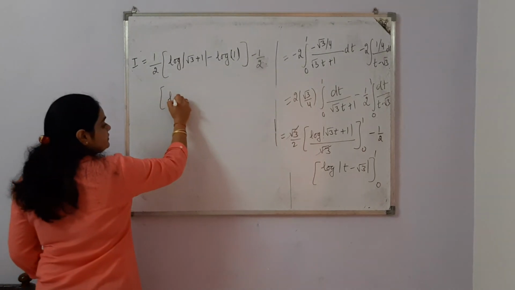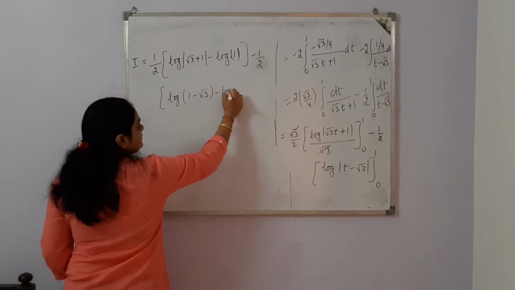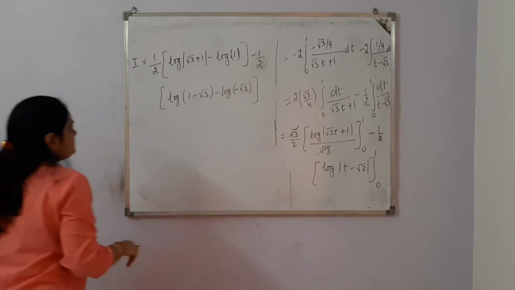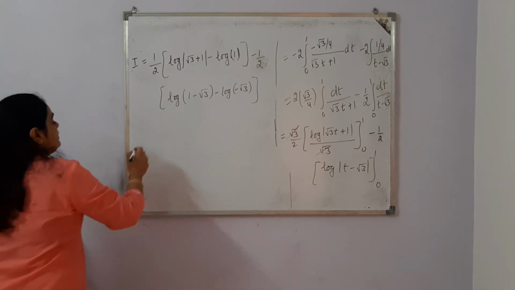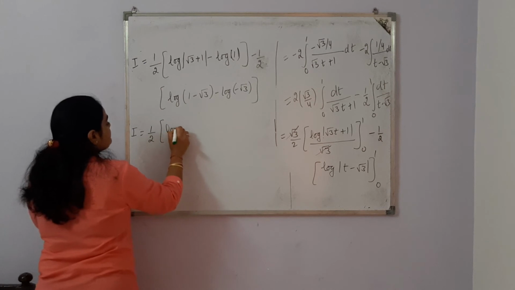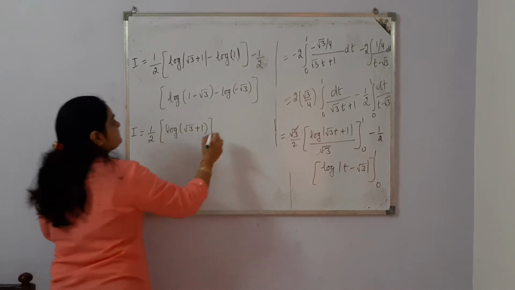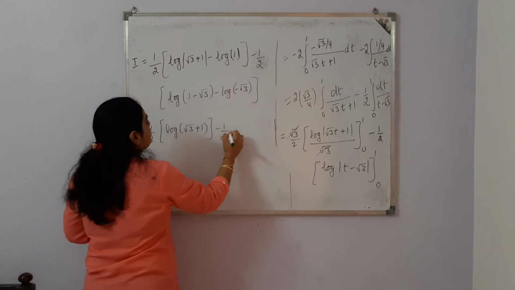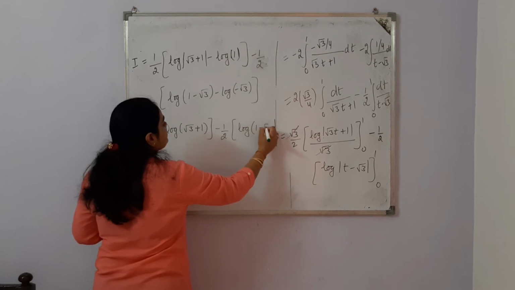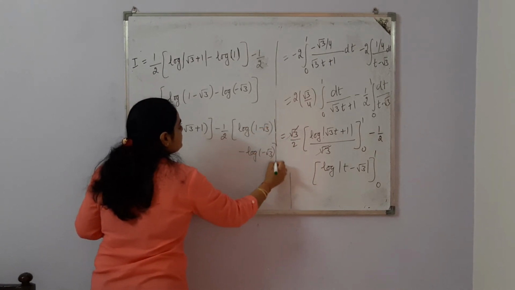Again I will substitute log of 1 minus root 3 minus log of 0 minus root 3, which is minus root 3. Now log 1 is 0. So I have log of root 3 plus 1, because log 1 is 0, minus 1 by 2 log of 1 minus root 3 minus log of minus root 3.